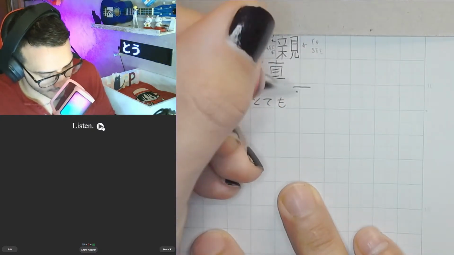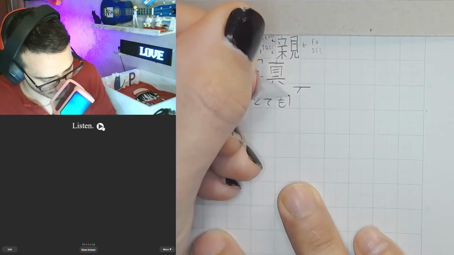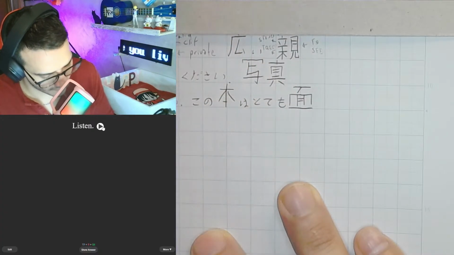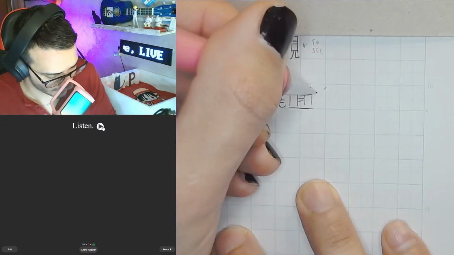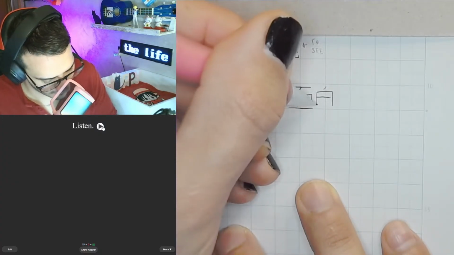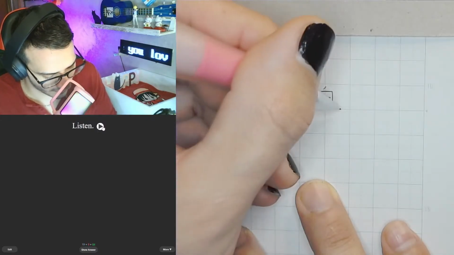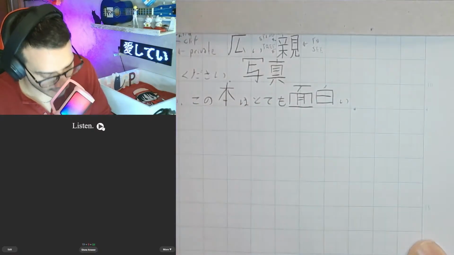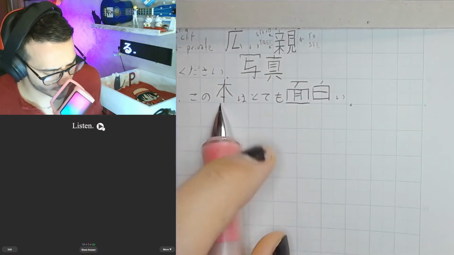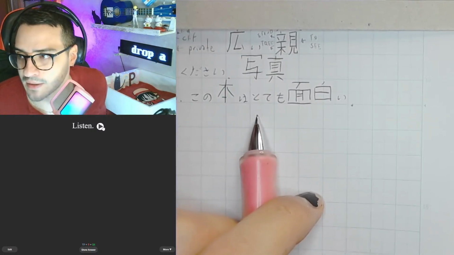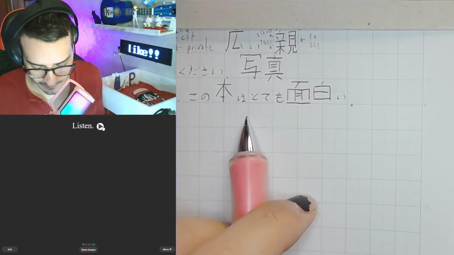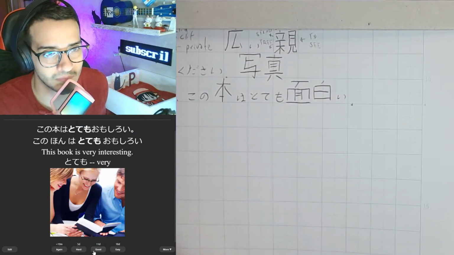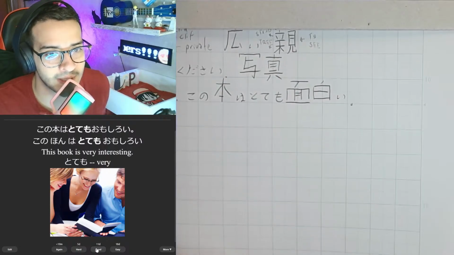The kanji for mask is like this. And white. Omoshiroi should be like that. この本はとても面白い。Meaning, this book is very interesting.